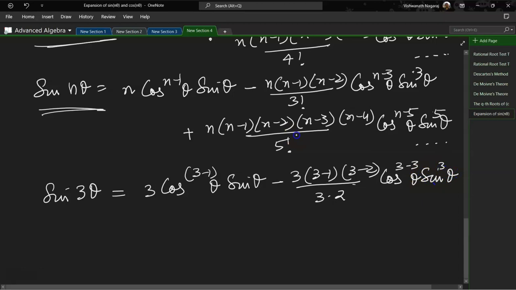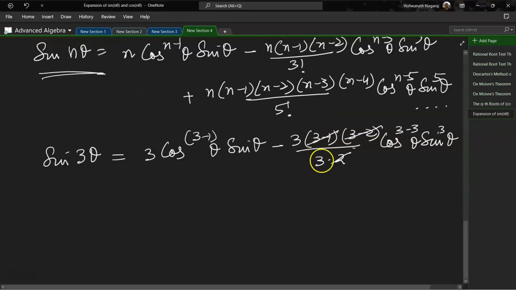Now what you can do is look at this. This n is 3, so 3 minus 3 in the next term will make this entire term 0. So we don't even have to bother with that. Now 3 also gets cancelled, so we are left with 3 cos^2 θ sin θ minus cos^0 θ, which is 1, so sin^3 θ.